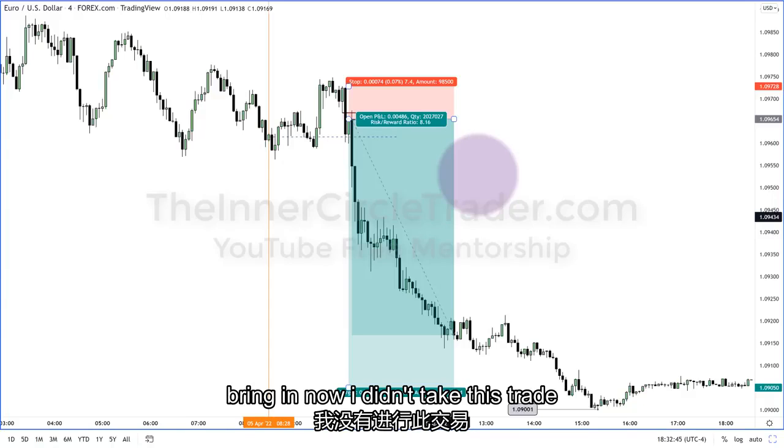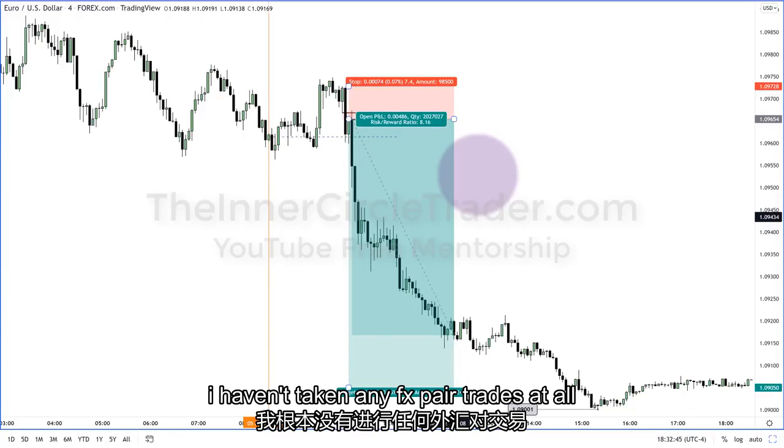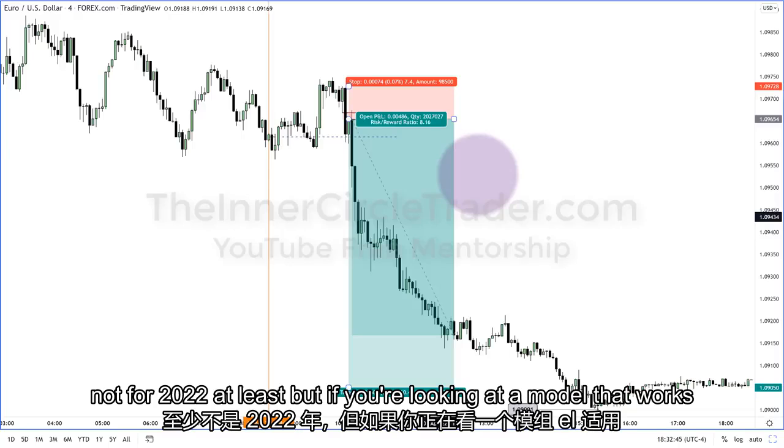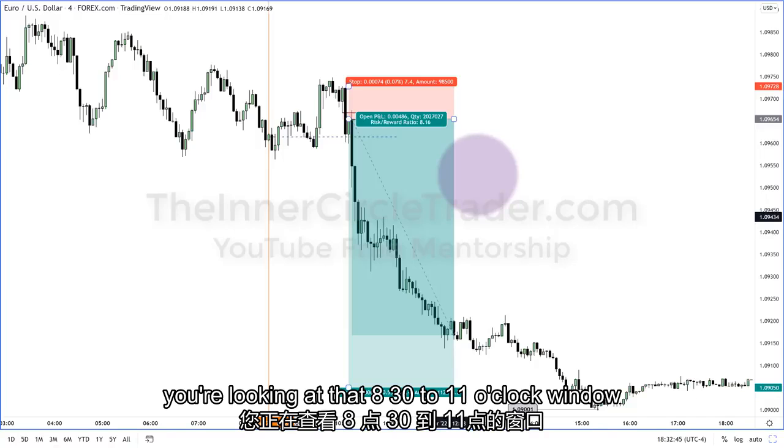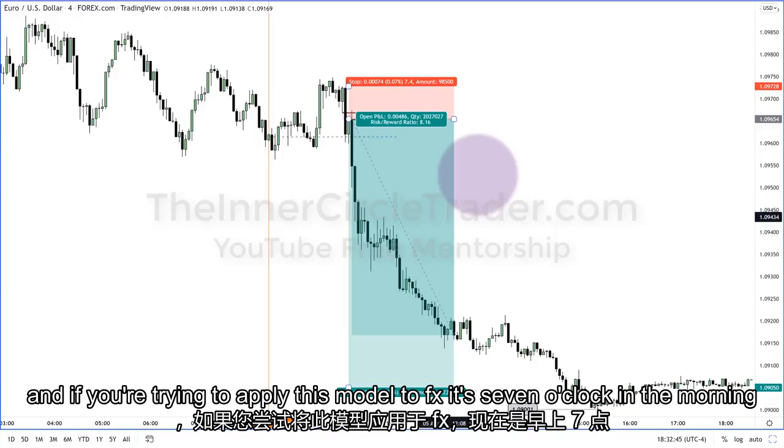Now, I didn't take this trade. I haven't taken any FX pair trades at all, not for 2022 at least. But if you're looking at a model that works in index futures, you're looking at that 8:30 to 11 o'clock window. And if you're trying to apply this model to FX, it's 7 o'clock in the morning to 10 o'clock in the morning.